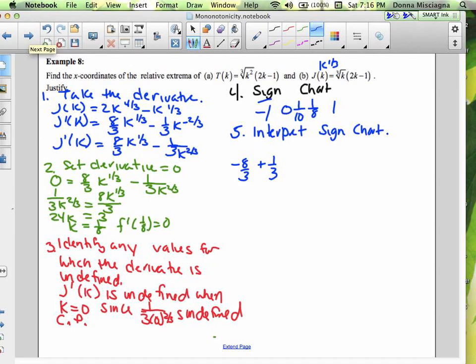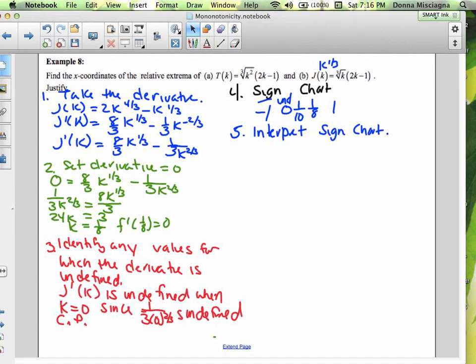Right? This was an undefined. If I plug in 1/10, oh, not the calculator again. All right, 1/10 raised to the 1 divided by 3 power equals 0.464, and I'm trying to hold it up with one hand too.